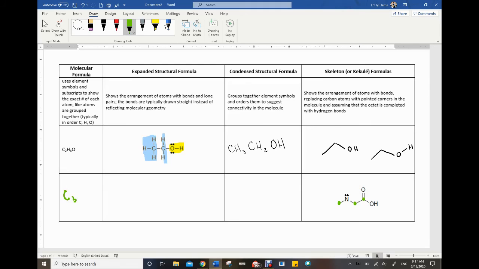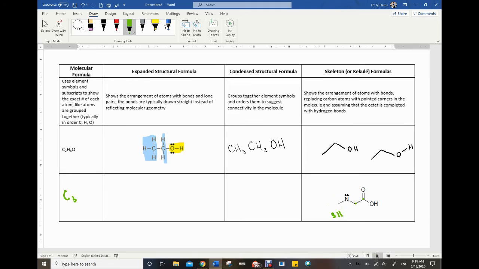Then next, we need to go ahead and count our hydrogens. So every carbon that we just marked, we need to check and see if there are any hydrogens attached. This first carbon is only involved in 1 bond, so that means that there should be 3 hydrogens attached to it. So we're going to have 3 hydrogens for this first carbon.